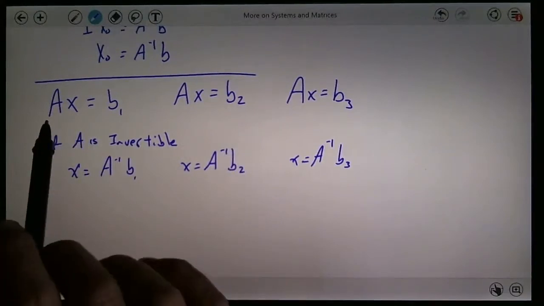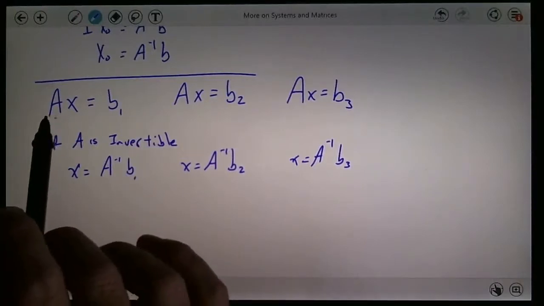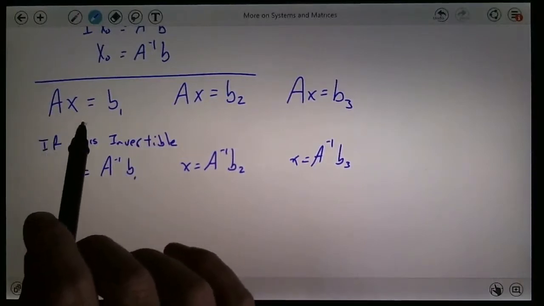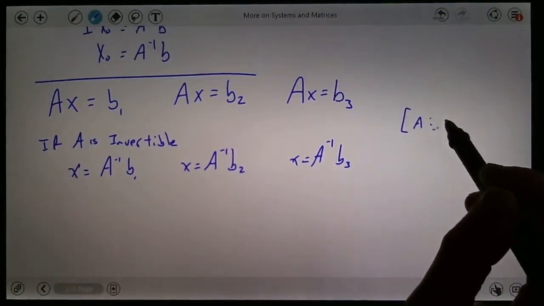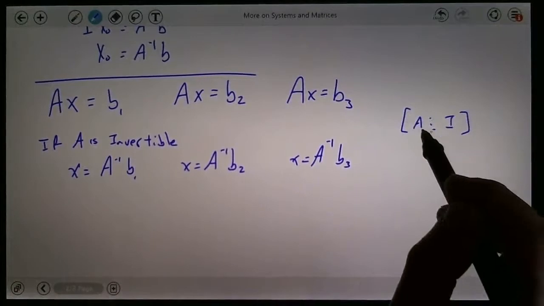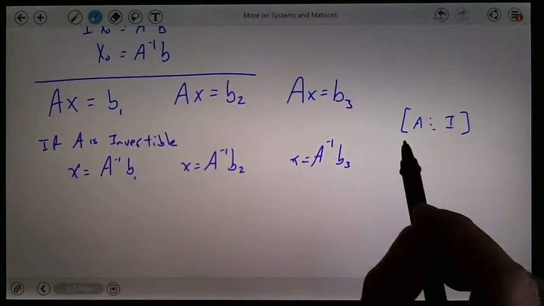How do you find an inverse? Well, you find an inverse by setting up a big matrix where you have A and I next to each other, and then you put that in reduced row echelon form. Or you could just say, well, I don't need to find A inverse.